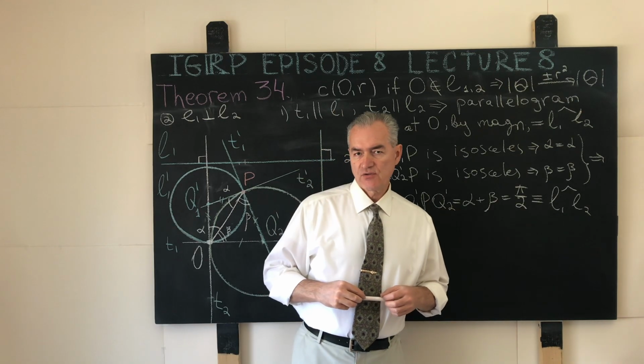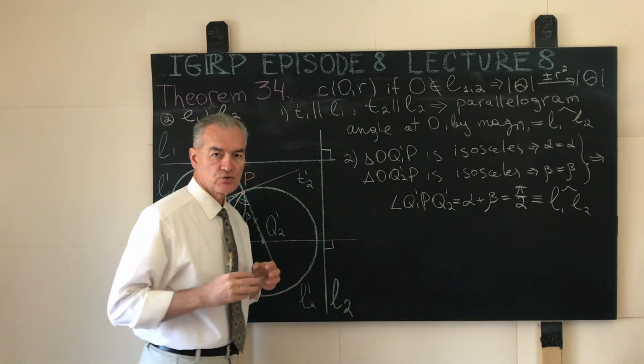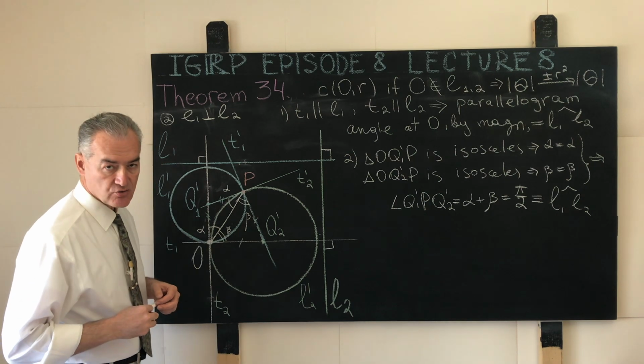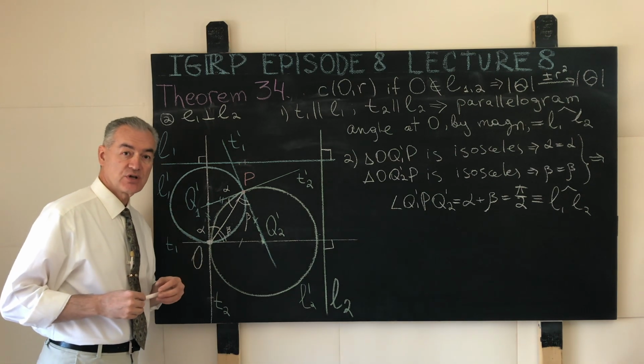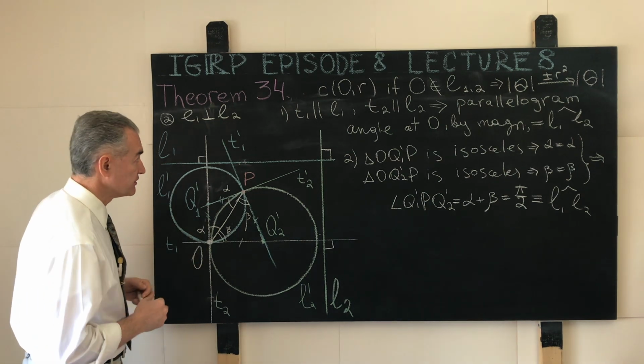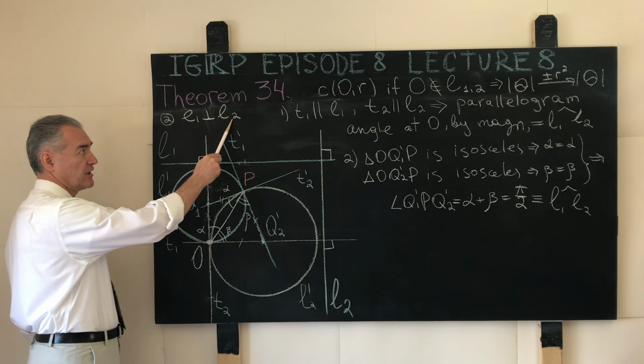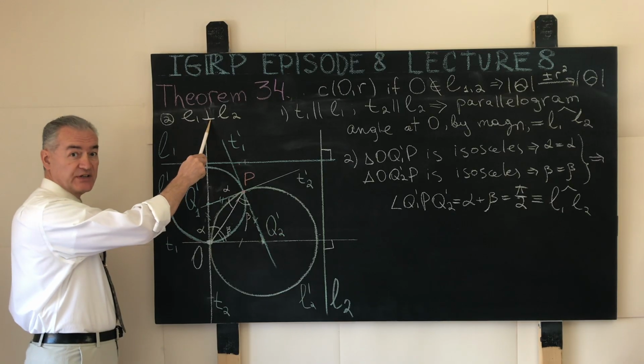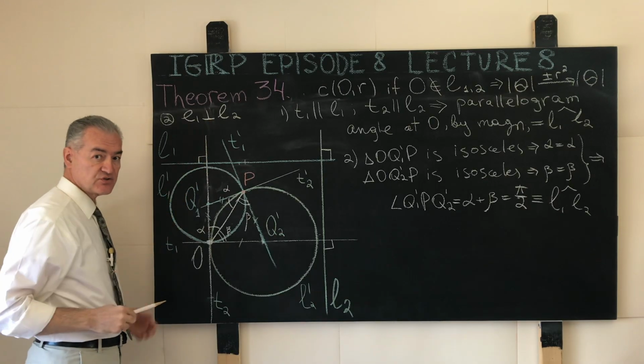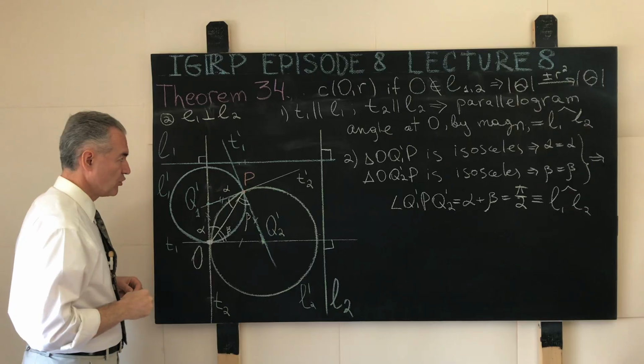The second case of Theorem number 34 is so straightforward that it takes actually longer to set it up than to generate its proof. That is, in the second case, we assume that the straight lines L1 and L2 are perpendicular and none of these straight lines pass through the center of inversion.